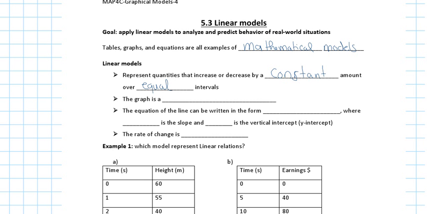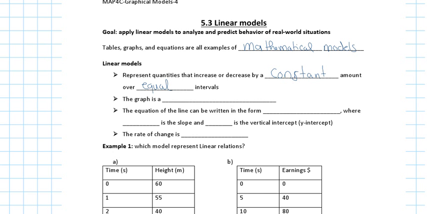Now, if we're talking about a linear model, what kind of graph do we have for linear? Would it be a parabola? Would it be a straight line? Would it be flat on one side? For linear.